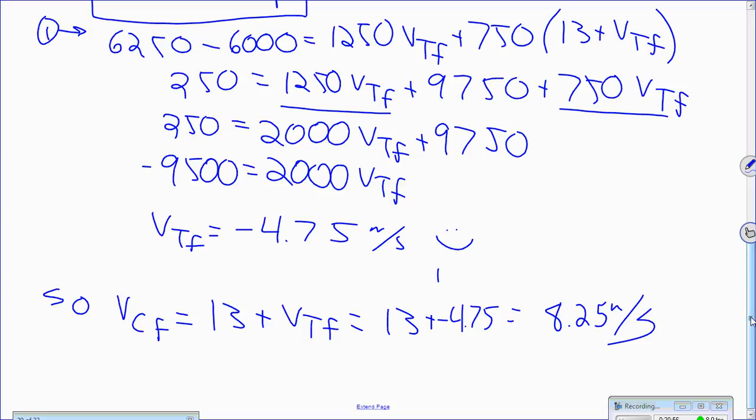How could we check it? We can double check that VI plus VF equals VI plus VF.